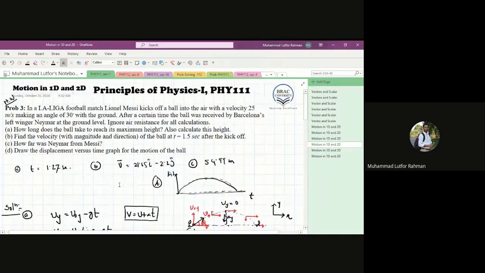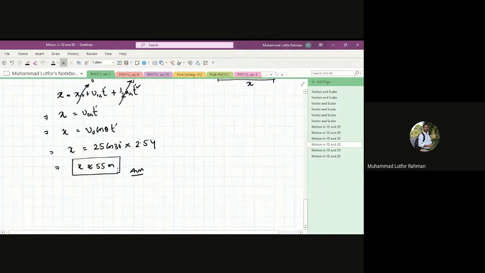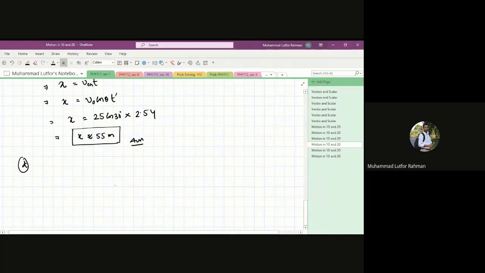Now the D. Draw the displacement versus diagram for the motion of the ball. That would basically be a parabolic motion. So this would be the motion of the ball, right?